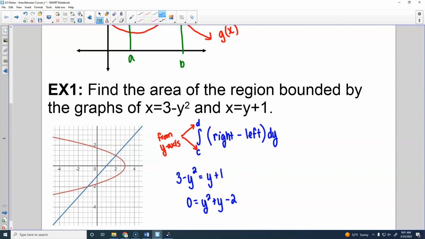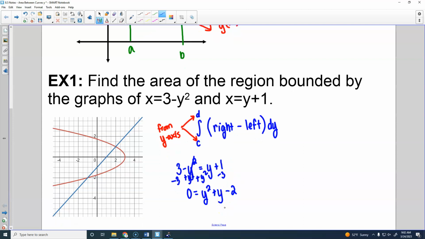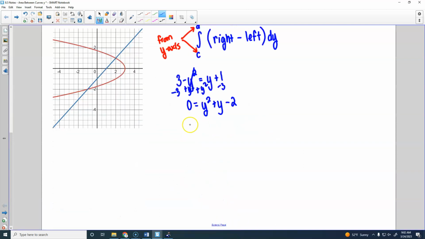Here, we're just adding that y squared and subtracting that 3 to get y squared plus y minus 2. And then if we factor that, we'll have y plus 2, y minus 1, and that will give us y equals negative 2 and y equals positive 1.